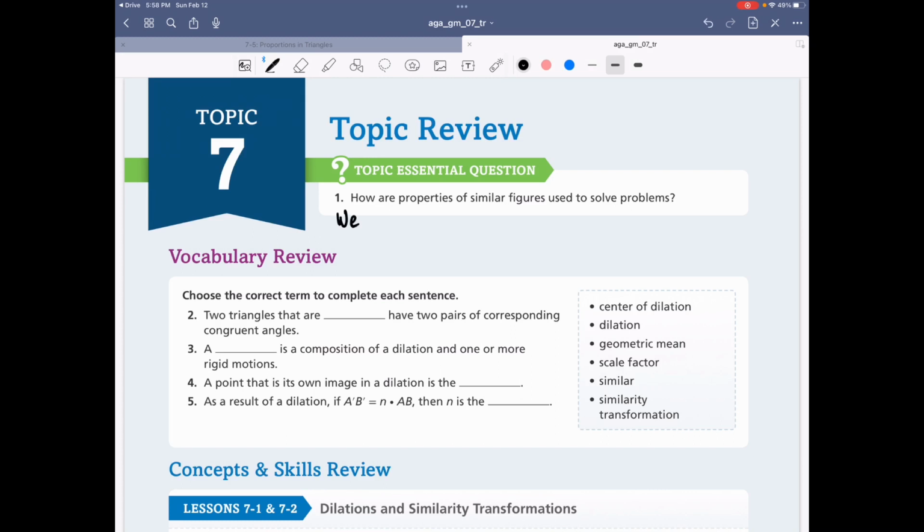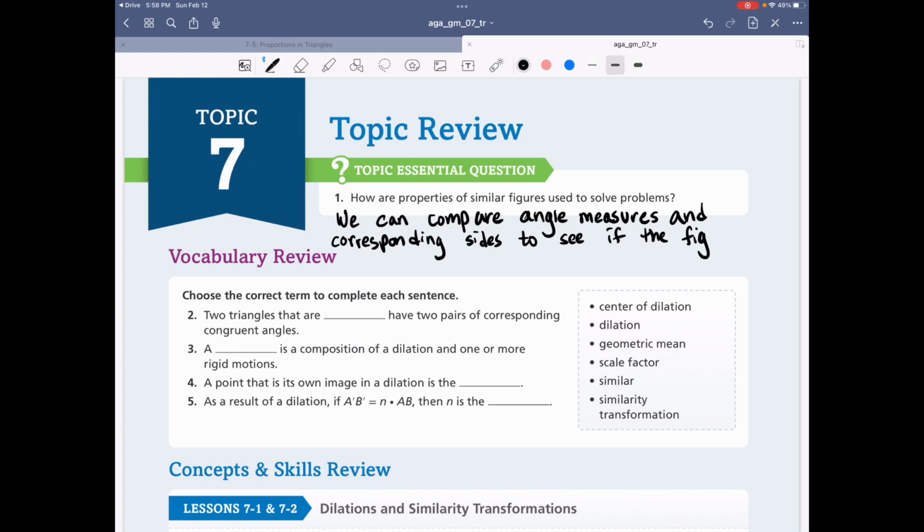So we can compare angle measures and corresponding sides to see if the figures are proportional.